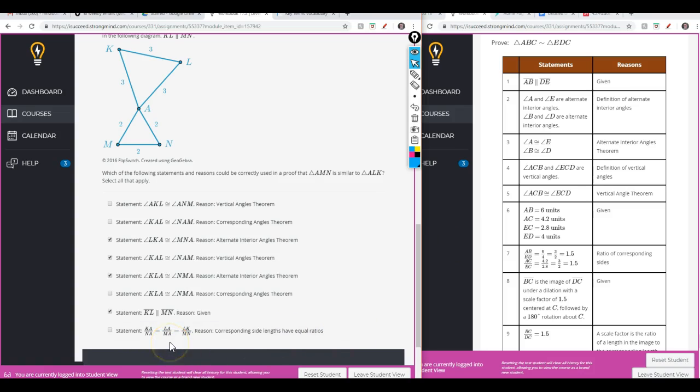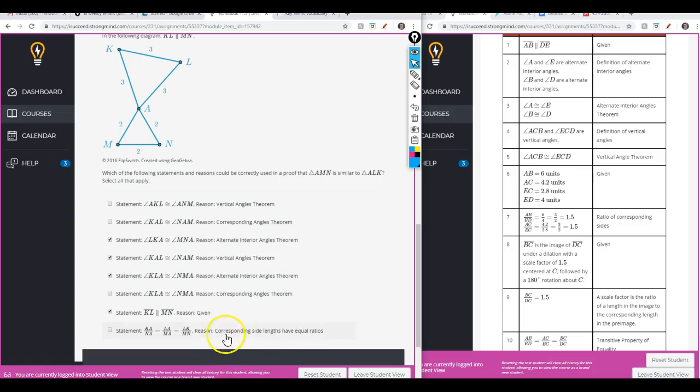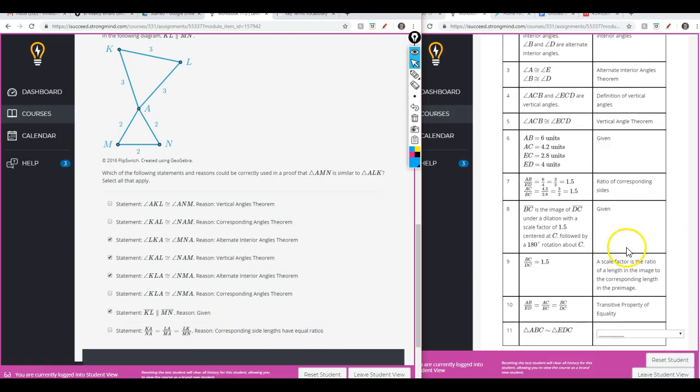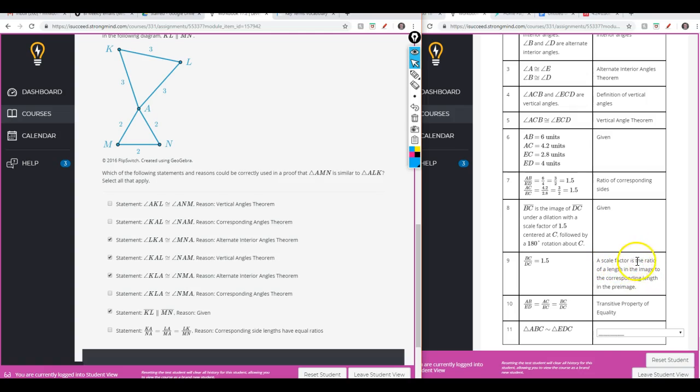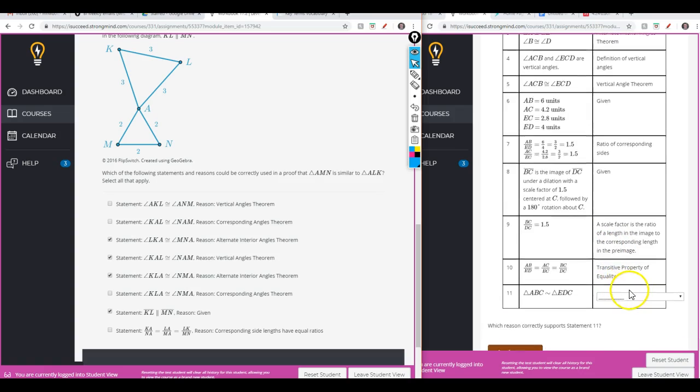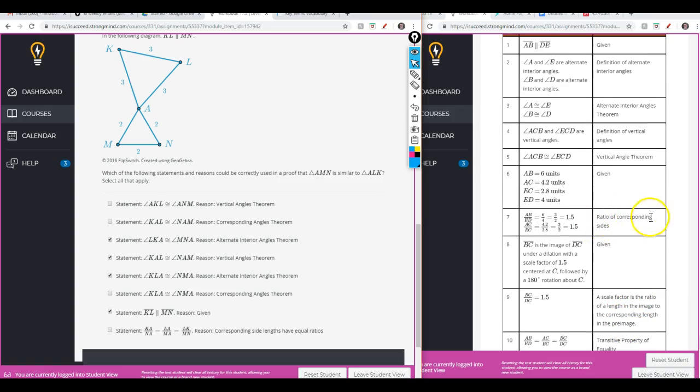And then remember, with similar triangles, it's to prove the ratio of corresponding sides. And if I scan right here, it says corresponding side lengths have equal ratios. It says it right here. A scale factor is the ratio of the length in the image to the corresponding length of the image. Whoop, that's not it. It's right here: ratio of corresponding sides. So that is a correct statement.